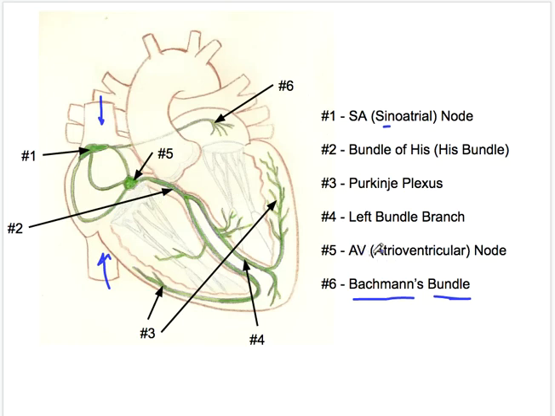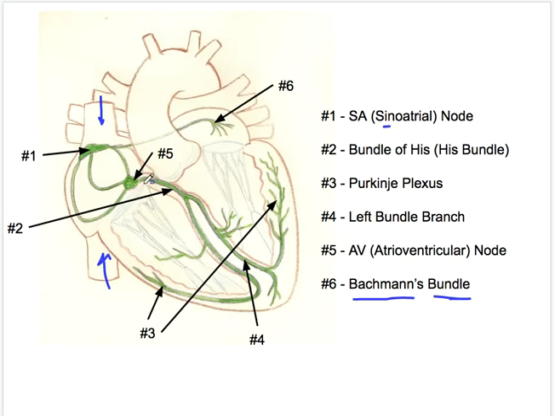Now, I'm okay with you abbreviating these things as long as you do know what those things stand for. So even if you're doing a Quizlet and it says sinoatrial and you've just put SA node, that's fine. Just make sure you're ready on a test or an assessment that if I put the SA node is the what, make sure you do know that those terms, sinoatrial or atrioventricular, much like we had AV valves.